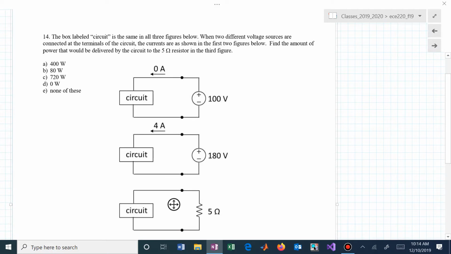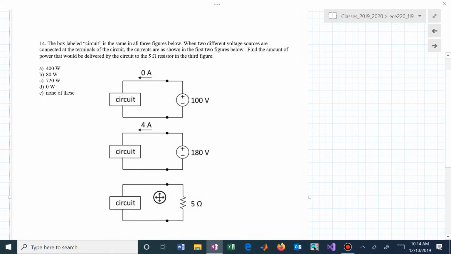I'm going to use the capacitive sensing of my tablet and collapse that. So now I have 3 different figures, but in those 3 figures, my circuit box is the same. It's just what's on the outside of that box that is being modified in the 3 different cases.